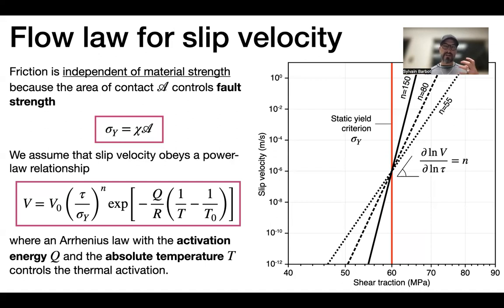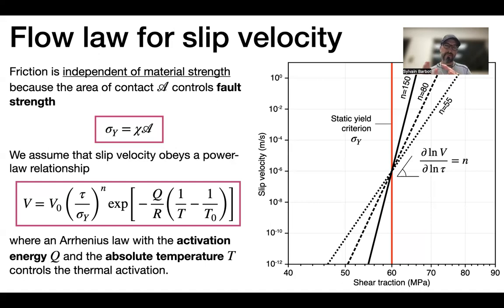So if the stress is larger than sigma y, when it is raised to the power n, the velocity will be incredibly high. And when the stress is lower than sigma y, when you raise that to a power, this velocity will be incredibly low. And so that represents this very huge sensitivity of the velocity of sliding to shear stress.